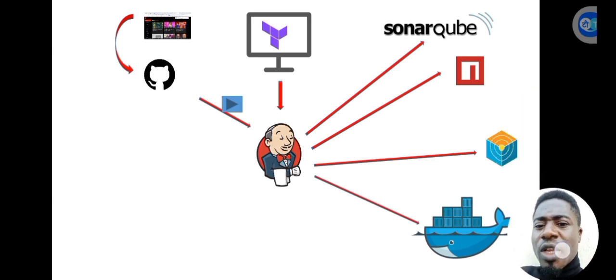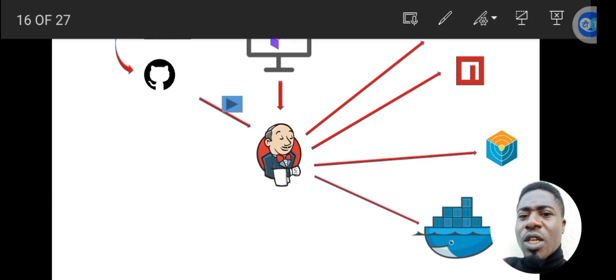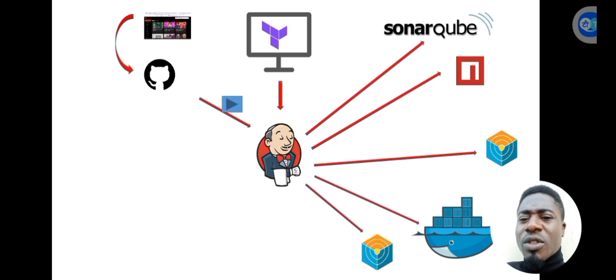When that image is available on Docker Hub, we'll have another scan of that image. That's the image that has been built and then uploaded to Docker Hub. That image will be scanned again.